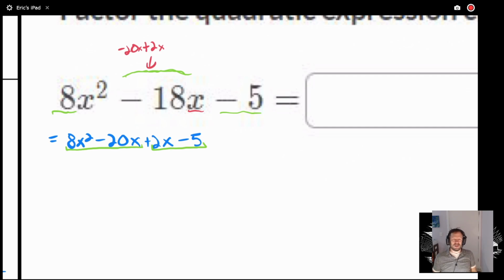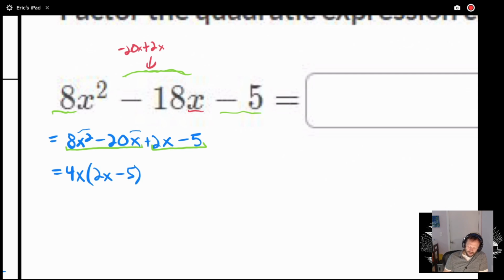8 and 20. What's the greatest common factor of 8 and 20? It is 4. So I can factor a 4 out. But then I also notice that there's an x here and an x here, x squared and an x. And so I could factor out more than the 4. I could factor out an x as well, leaving 2x minus 5.